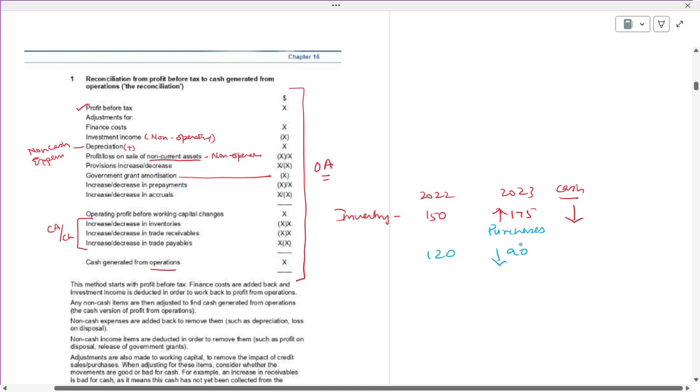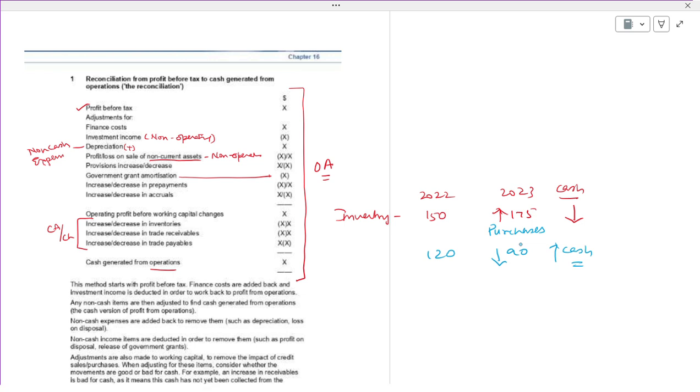Inventory decreases; we have used the inventory for sale purposes. If an asset decreases, what will happen? Your cash will increase. This is the same procedure. That's what we are talking about. Now, we will cover this.